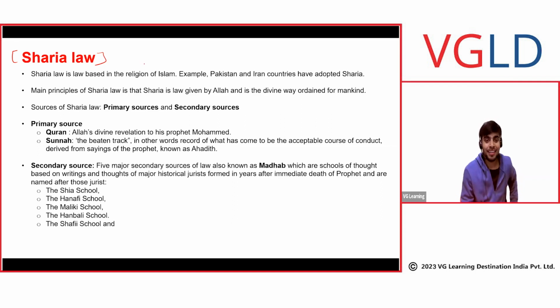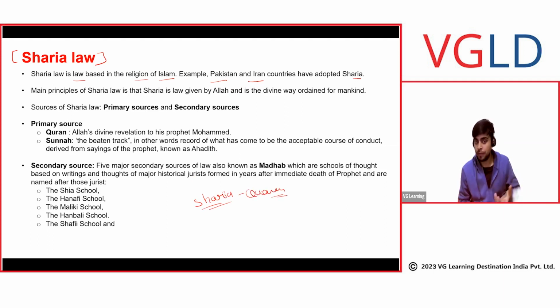Okay. So Sharia law is basically law based on the religion of Islam. Countries currently following it include Pakistan and Iran, which have adopted Sharia. There are countries that have followed Sharia law completely, where whatever the Quran, the holy book of Islam, says will be the law of the country.